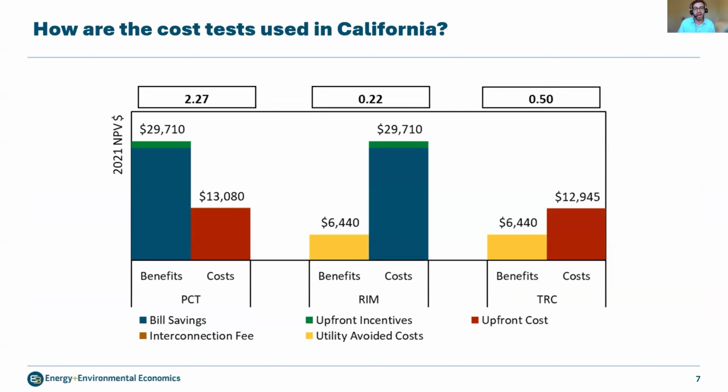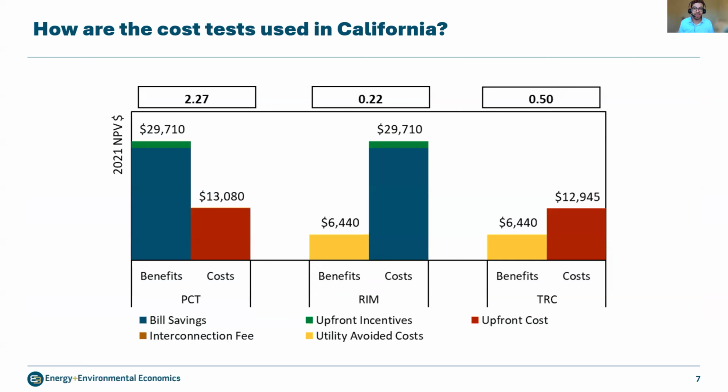And just to highlight that in graphical form, if there's some specific measure that we see here from a participant perspective where the benefits outweigh the costs, the state or utility really needs to look at the comprehensive picture and understand that from a utility perspective, the costs are far outweighing the benefit. And from a state perspective, the costs are just slightly outweighing the benefit.